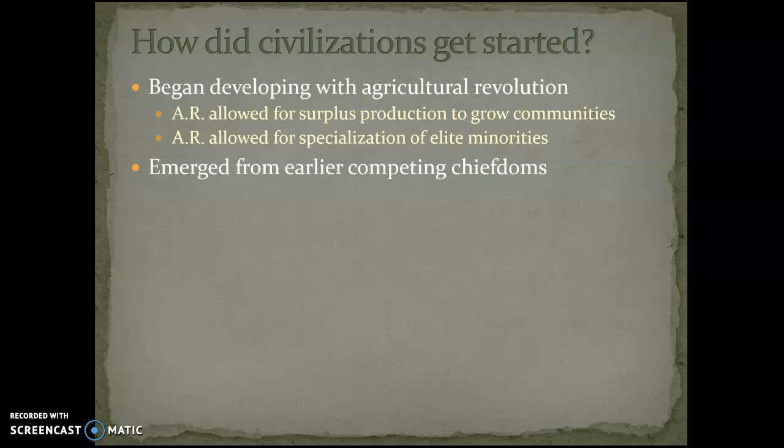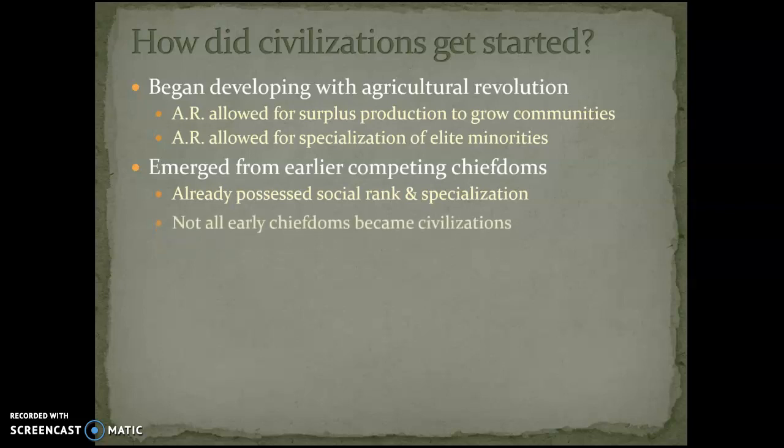Chiefdoms had that built-in inequality of a leader who could organize large-scale work projects. That's where we got the rise of civilizations, because they possessed social rank and specialization needed for those irrigation projects and large-scale temple projects like the pyramids and whatnot.